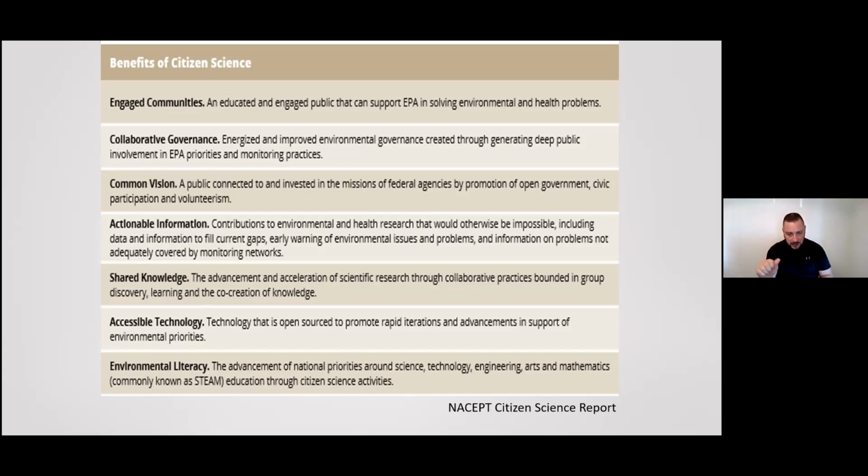You create a common vision. That's where the whys I talked about before match up. You create a common vision of how you use science to promote open government, and also why it's important to volunteer.